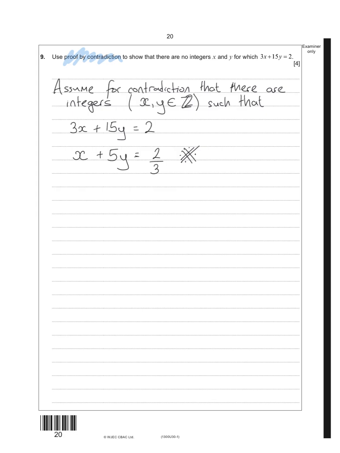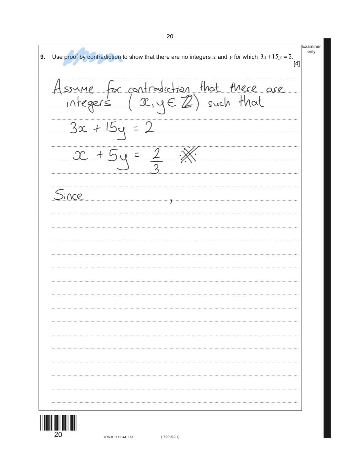So since x and y are integers, this means x plus 5y must be an integer as well, because when you add integers together, you get integers. And so yeah, there is our contradiction.